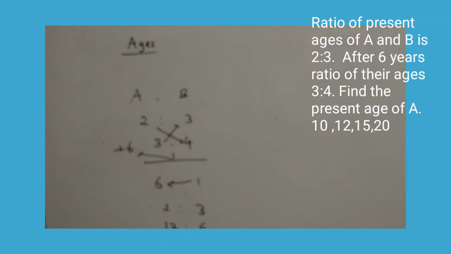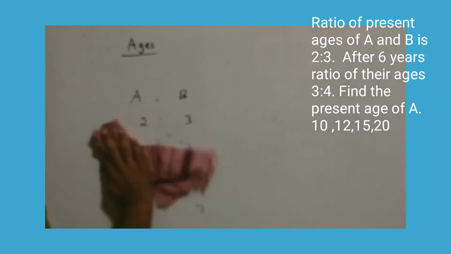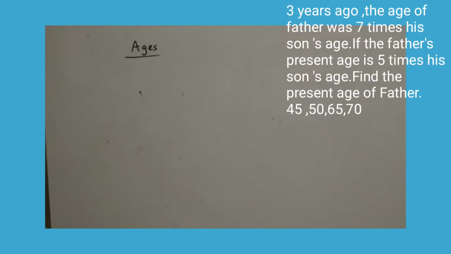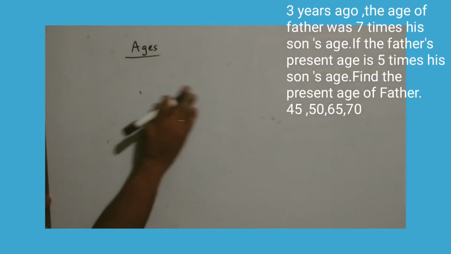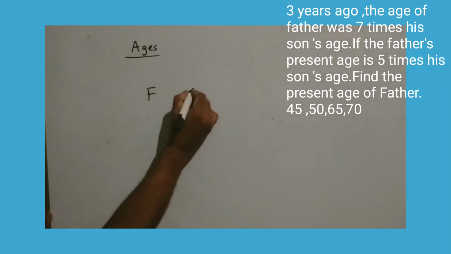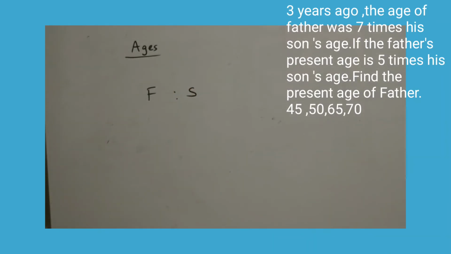Let us see one more question. Three years ago, the age of father was 7 times son's age. 3 years ago, father and son, father was 7 times son.